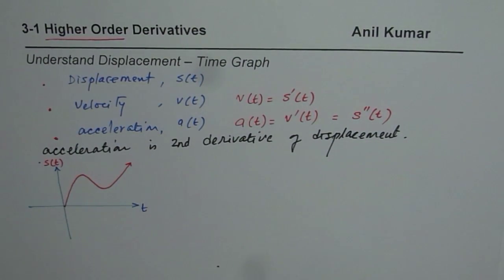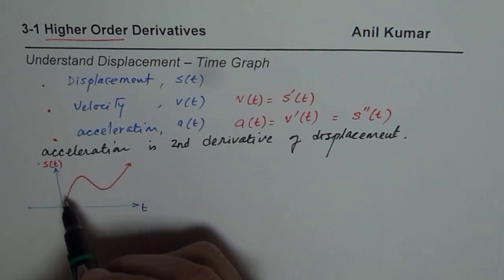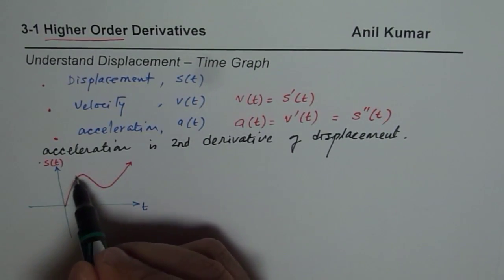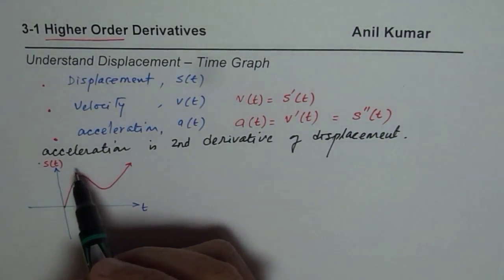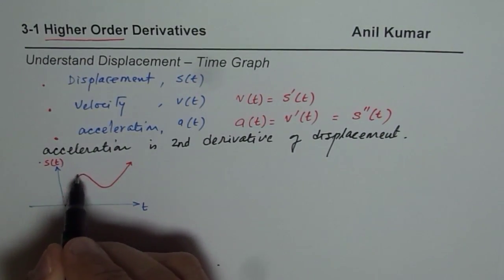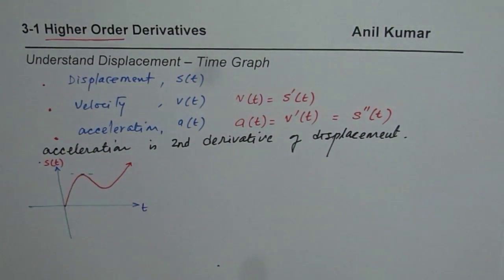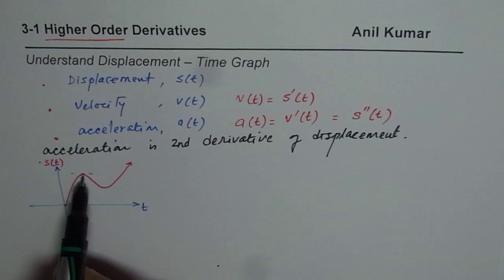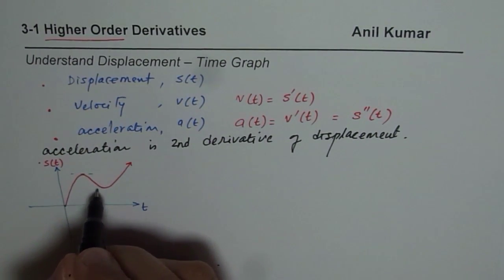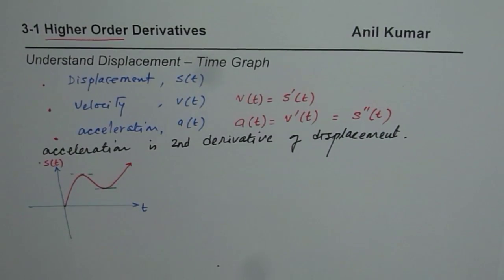Clearly, we observe that the object is moving, let us say moving towards right, that is positive for us, and at this point it turns. So at this point it turns. If I draw a tangent here, that tangent is going to be horizontal. Similarly, a tangent here will be horizontal.